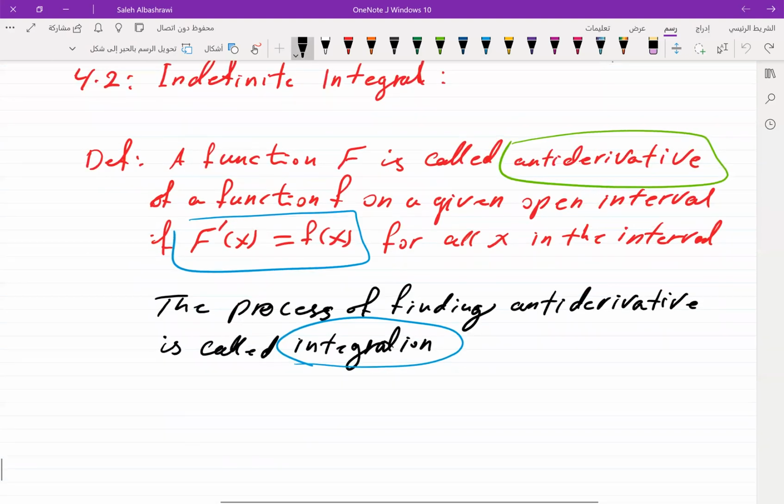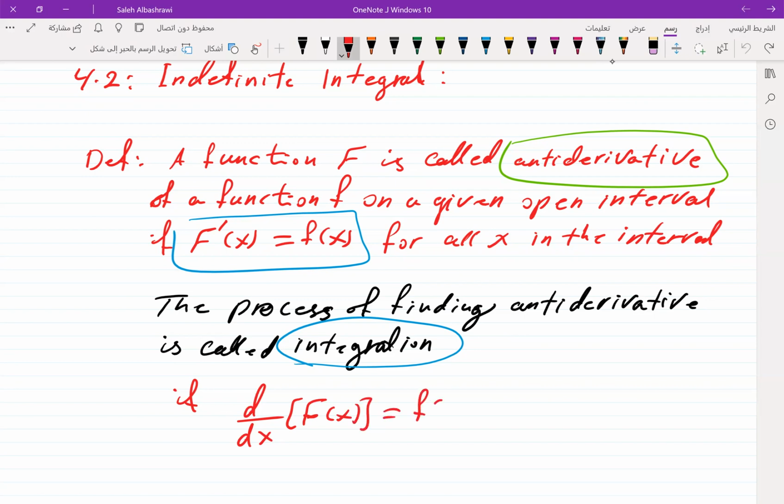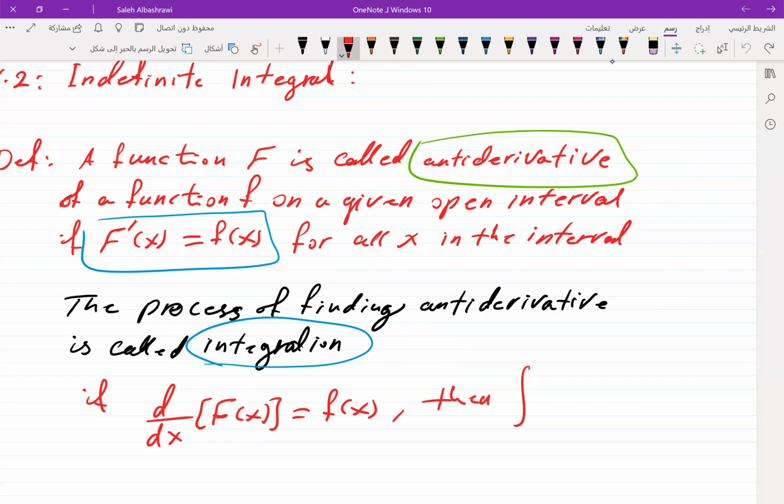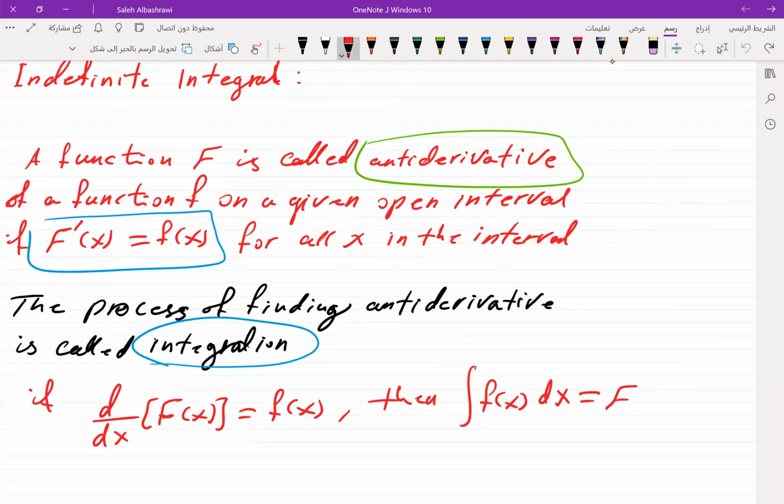So in general, we say that d by dx of a given function capital F equals f of x, then the integration of f of x dx, this is the sign for the integration, equals F of x plus c.